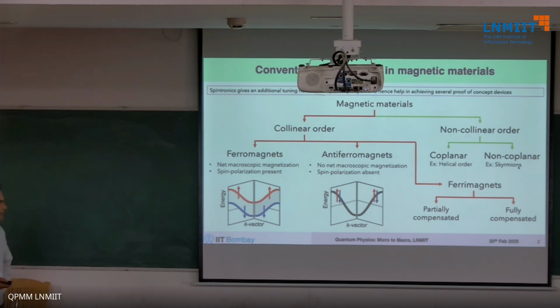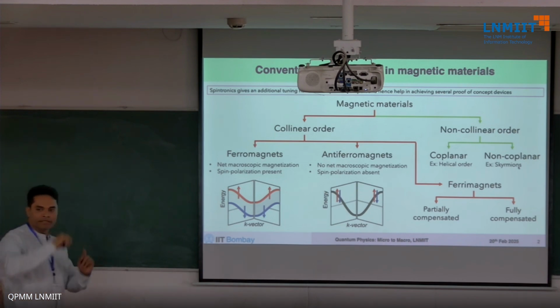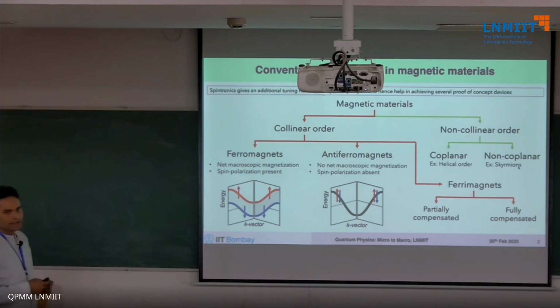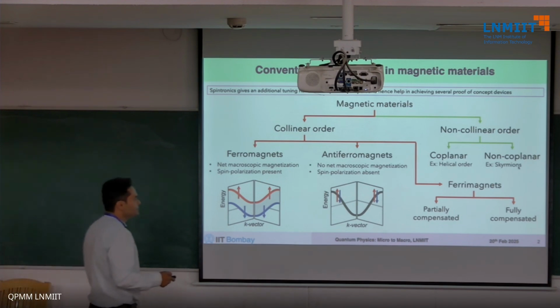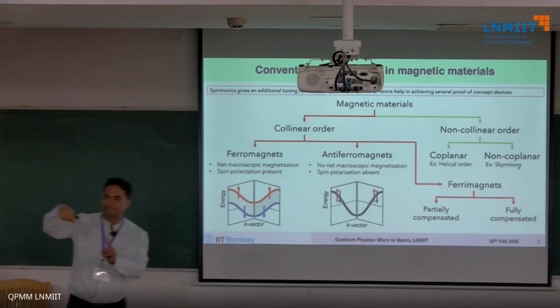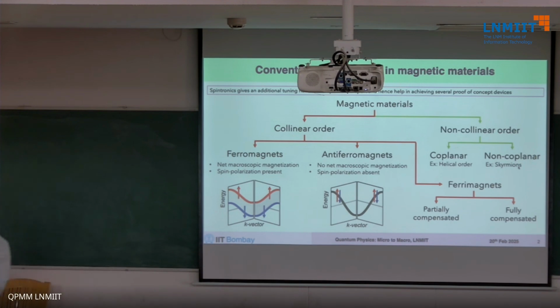Ferrimagnets basically have different or inequivalent sublattices with different moments on each of them, such that there is a net magnetization if I sum them all up. Now it can have partially compensated moments, or fully compensated moments, depending on how these spins are arranged and what their individual moments on those sublattices are.